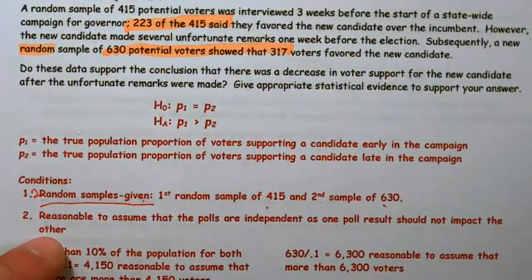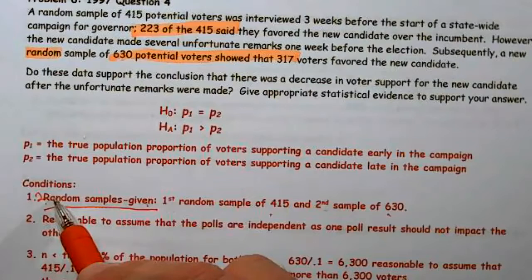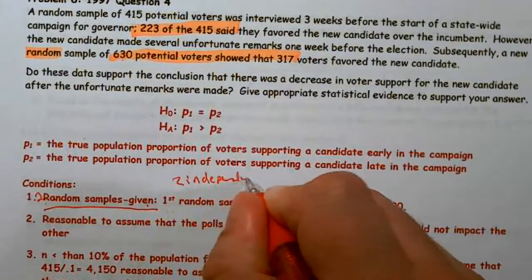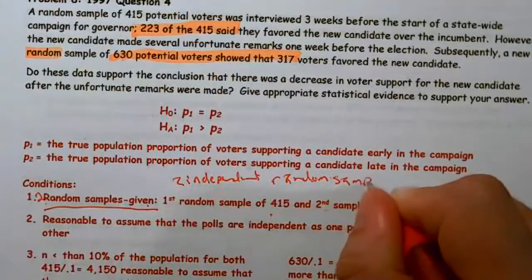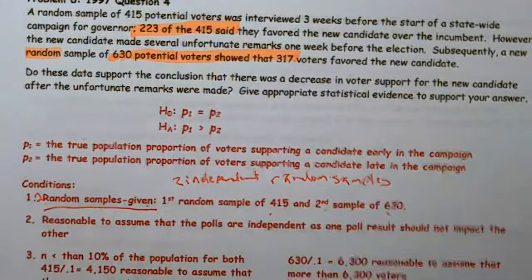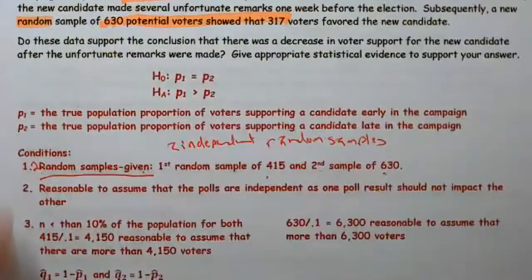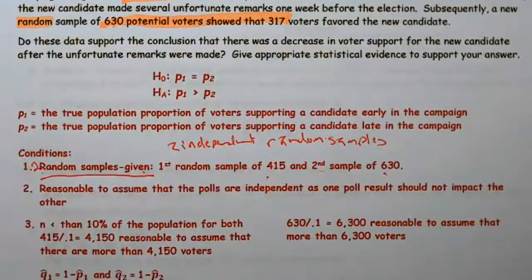It's really important to talk about the independence, but you can say 2 independent random samples, and you don't even necessarily have to directly address the independence issue if you do that. The thought is this: if the polls are random, then one poll should not impact the other poll. But you need to make sure you do address independence. Whether you address it as a second condition or combine the 2 together will be fine.